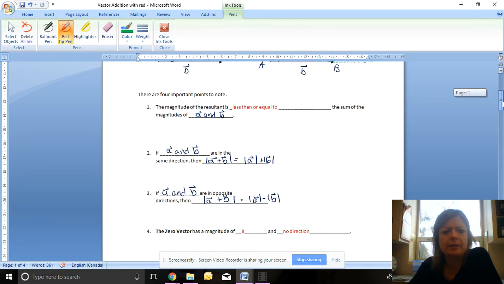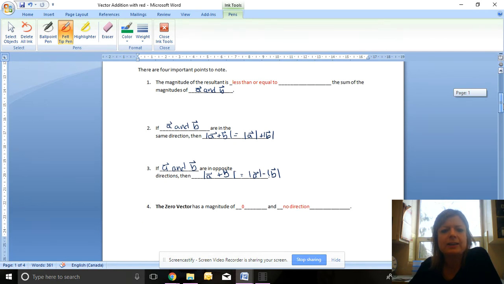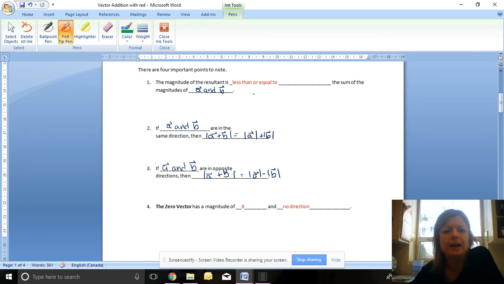So there are 4 important points to note. So the magnitude of the resultant is always less than or equal to the magnitudes of A and B. Okay, so what does that mean?